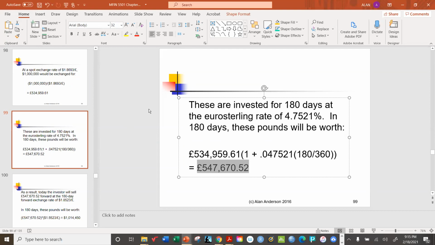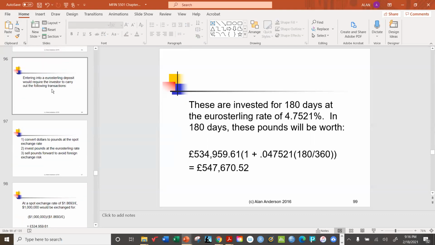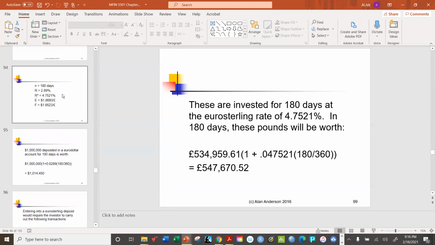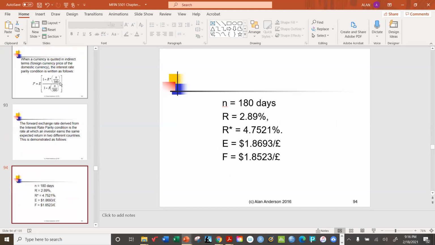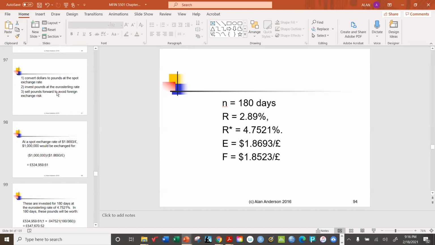So while I'm busily setting up my deposit here, I'm also going to enter into a forward contract in which I can sell this many pounds for dollars in 180 days. What exchange rate will we use in this contract? That will be the 6-month forward exchange rate of 1.8523 that we just figured out from the interest rate parity condition.